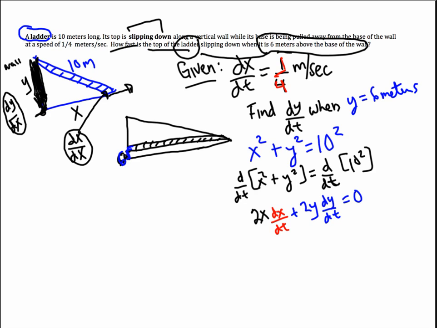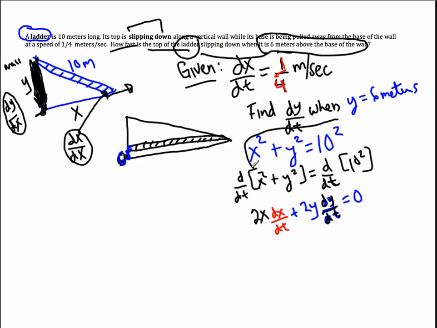No, that's what I'm trying to find. I want to know the rate in which the top of the ladder is dropping, how fast it is dropping at the instant when the ladder is 6 meters above the base of the wall.